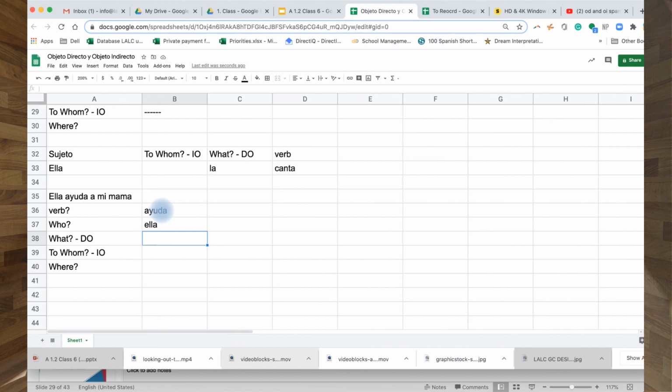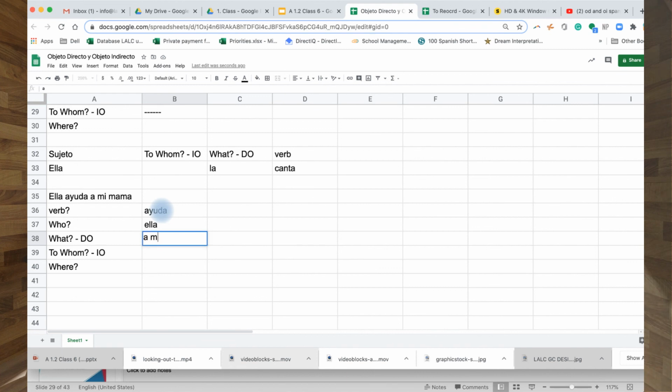So, okay, in Latin America, we ask what is being helped, and the answer we give is the person. So what are you helping? I am helping my mom. So we take the person as an object, which in Spain is technically asked as to whom. In Latin America we ask ourselves about what. What are we helping?